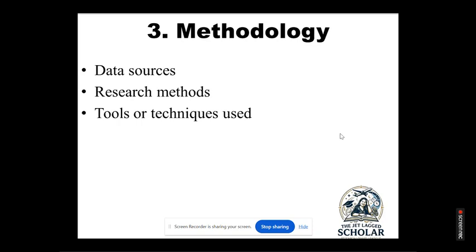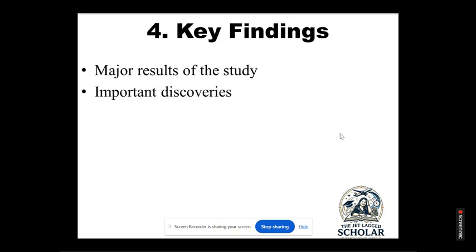Then coming to the third part, which is the methodology. In the methodology, we highlight the various data sources, the research methods, and the tools or techniques we are specifically using in the paper. Now, coming to the fourth part, the key findings or the summary.